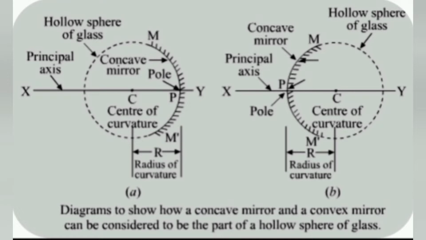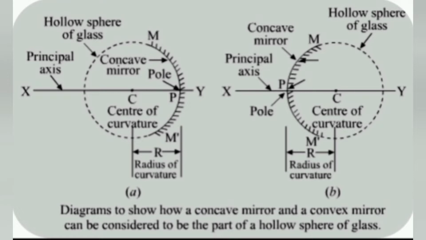Since spherical mirrors are part of a hollow sphere, the center of curvature of a spherical mirror is the center of the hollow sphere of glass of which the mirror is a part. You can see in the figure, C is the center of curvature of the concave mirror, and C is the center of curvature of the convex mirror also.